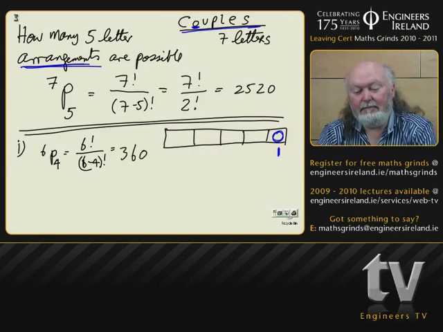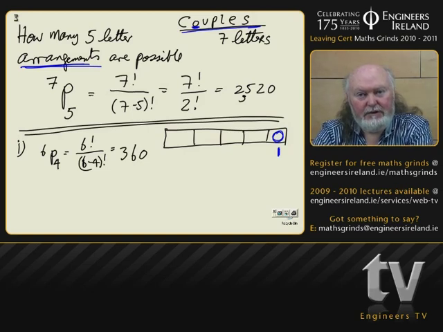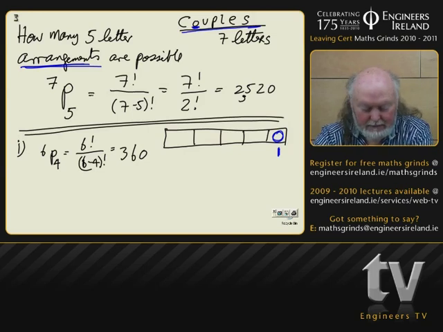Big difference, isn't there? When one of the letters is forced and its position is actually forced, we've gone down from 2,520 possible ways of picking to 360 ways of picking.